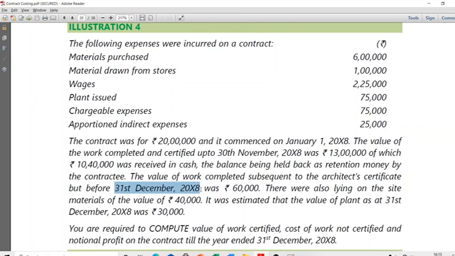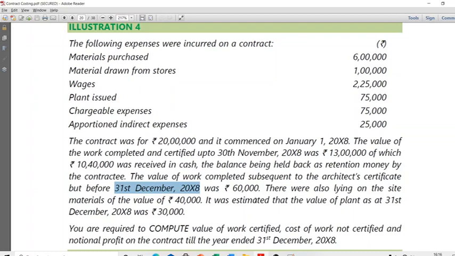Just because the architect came and left, the company is not going to sit idle for one entire month. The company is going to continue and do some work. However, that work done from 1st December to 31st December is not work certified by the architect.